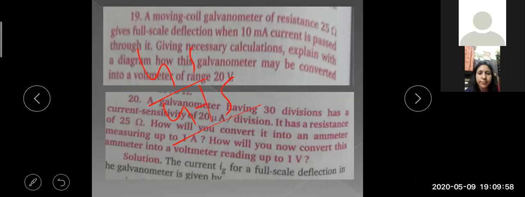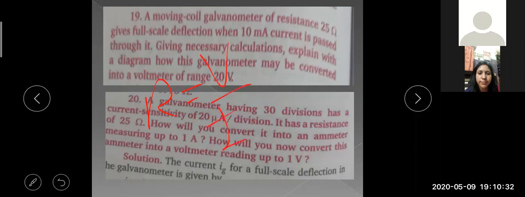So now let R be the resistance to be connected in series with this ammeter RA in order to convert it into a voltmeter. For conversion into a voltmeter, we have to connect the resistance in series with the galvanometer. Clear?